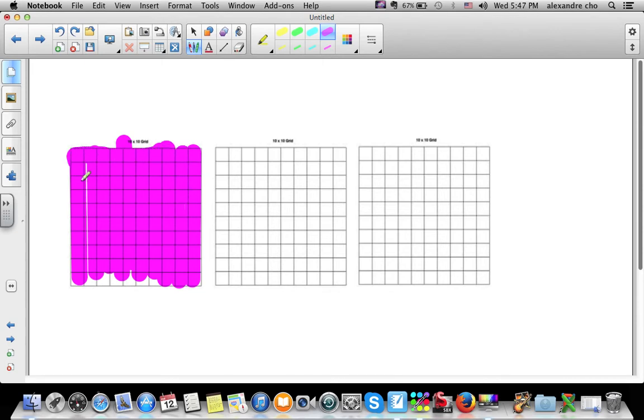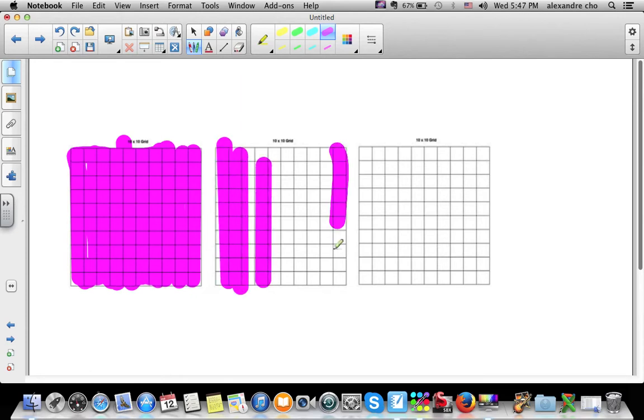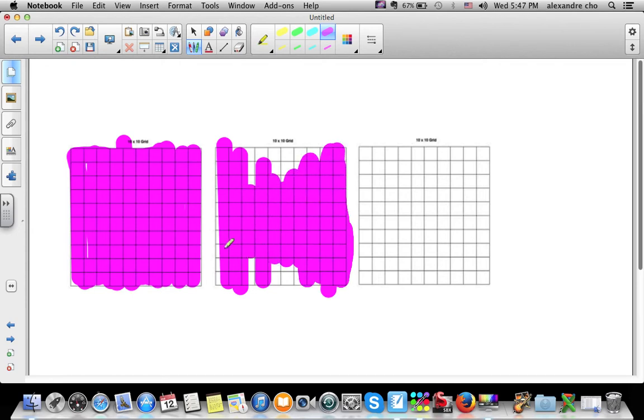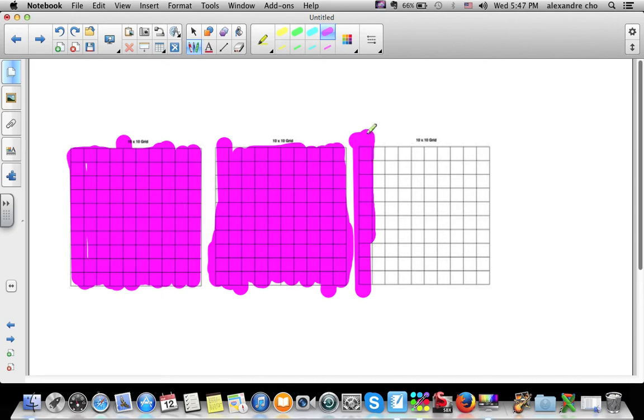That is 2. So that's 2 very pink squares. And 2.1, 0.1 means tens. 1 is in the tens position, so it's 10 squares.